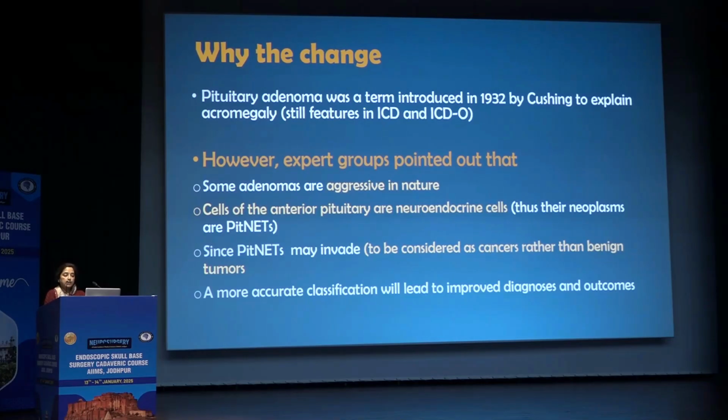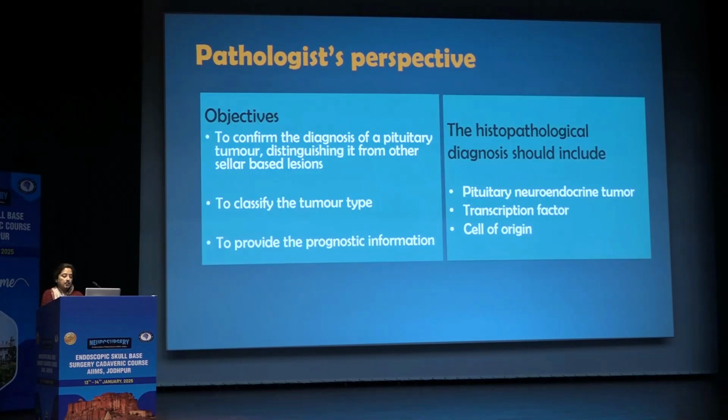And the expert group also said that a more accurate classification, they meant the WHO 2022 classification, will lead to improved diagnosis and outcomes. So now as a pathologist, whenever we receive any surgical specimen, our objective should be to confirm the diagnosis of a pituitary tumor, distinguishing it from other cellular-based lesions, to classify the type because it helps in prognostication.